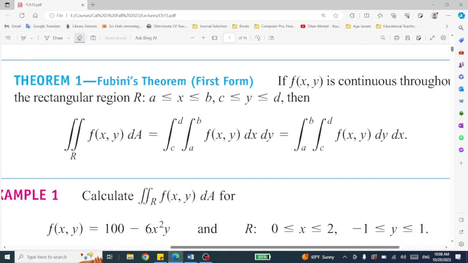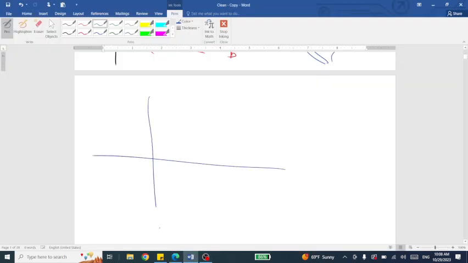You can see from here, for the rectangle region R, in the xy-plane, maybe x is between a and b, and y is between c and d.